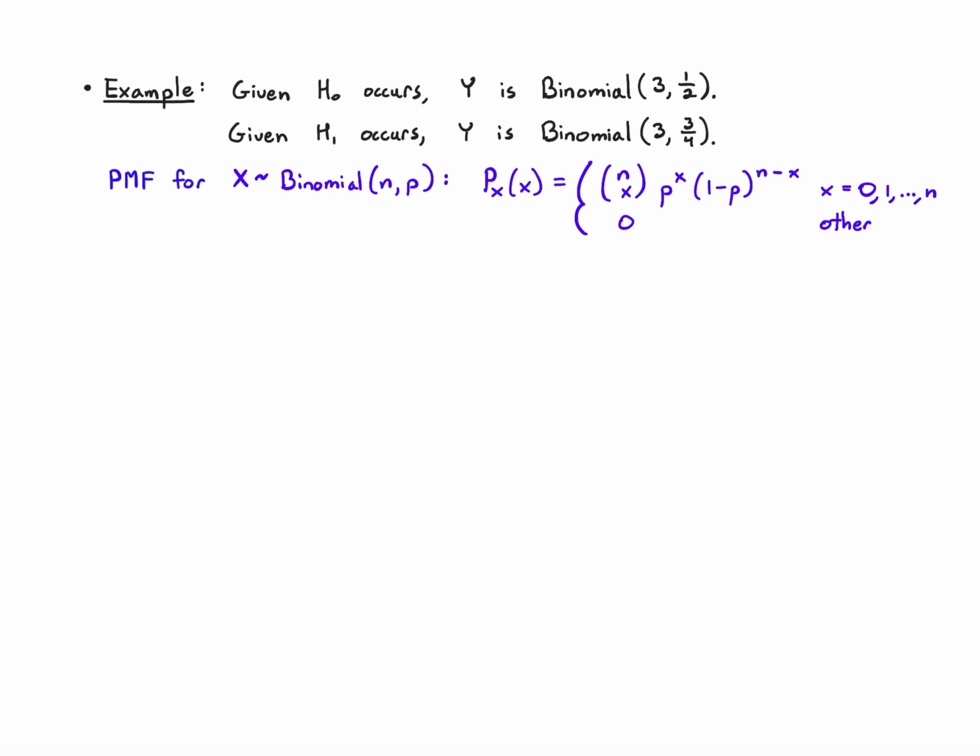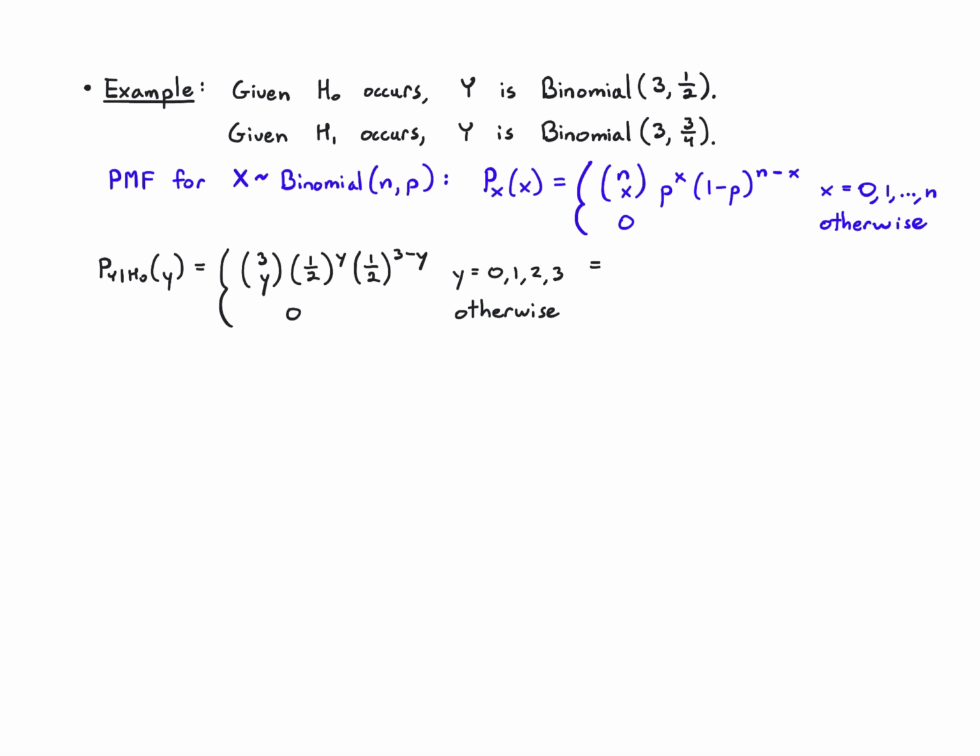Okay, so we just recalled this family of discrete random variables, and I can write these PMFs. So for H0, I'm just plugging in the parameters 3 and 1/2 for n and p, and I get this conditional PMF, and it's going to range from 0 up to 3. Okay, and I'm going to work this out so I can get all the exact values and we can see exactly how these compare.